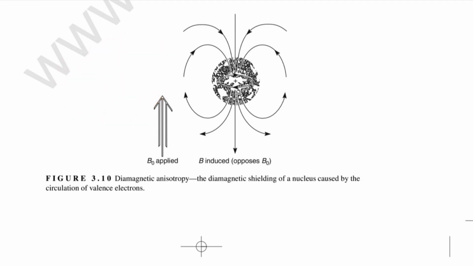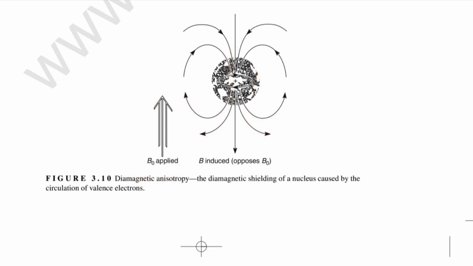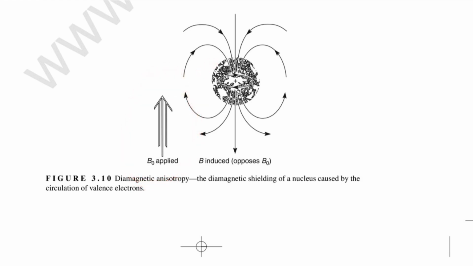If more electrons are present, more induced magnetic field is produced, and that will oppose the applied magnetic field. When there is more opposition, the external magnetic field will be sensed less by the protons, and we have to increase the field strength from normal to high in order to flip the nucleus.